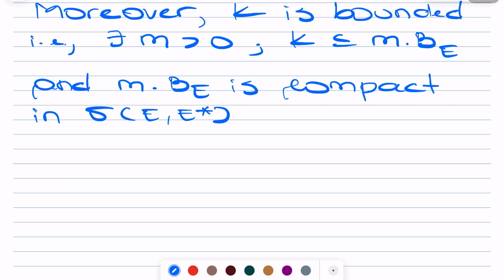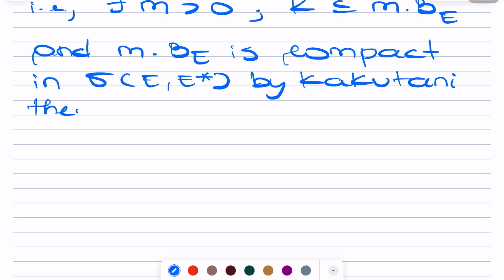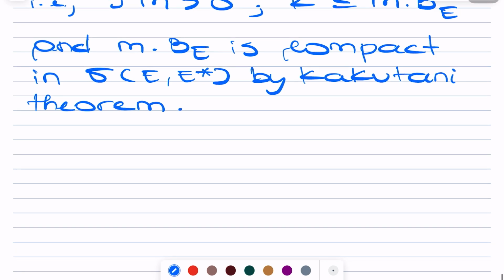This is by Kakutani theorem. So now you have a closed subset of a compact set. Therefore it is compact.